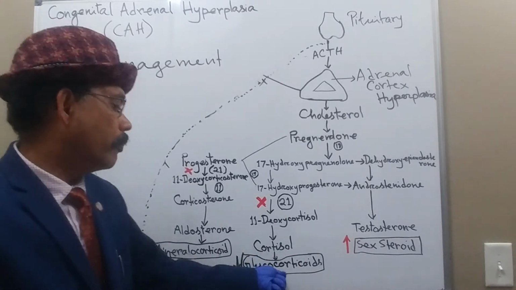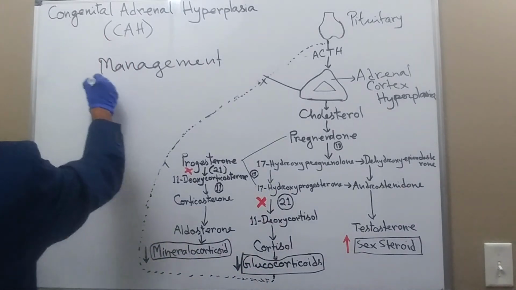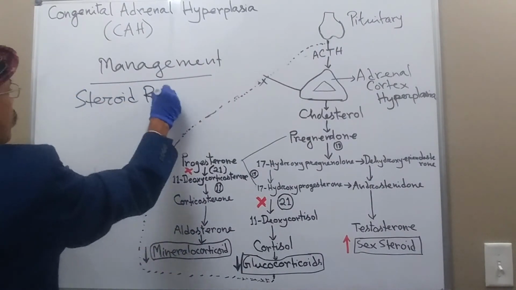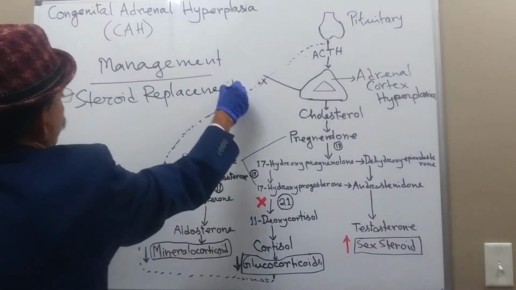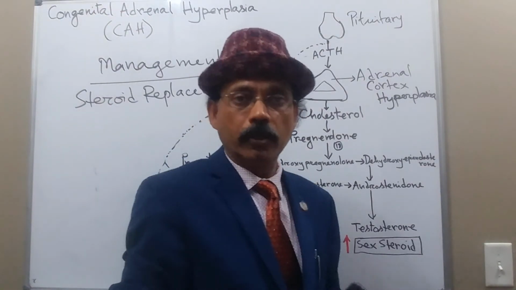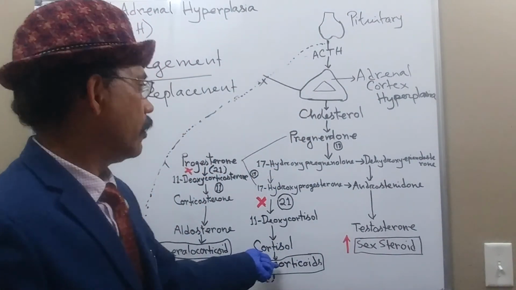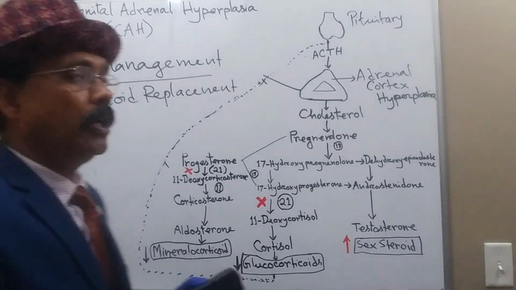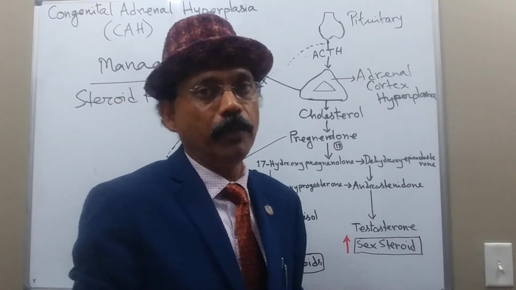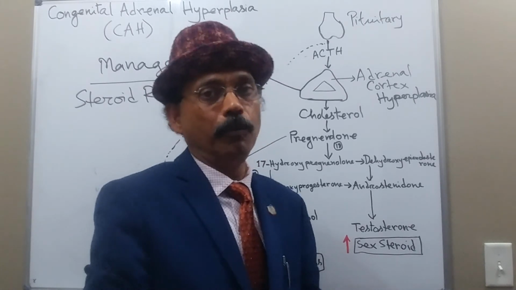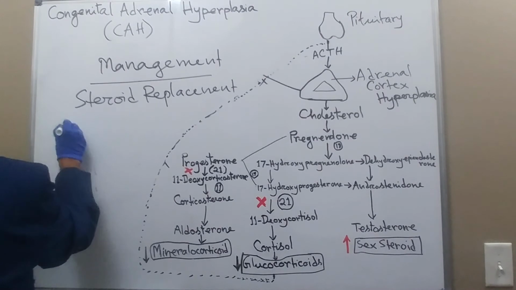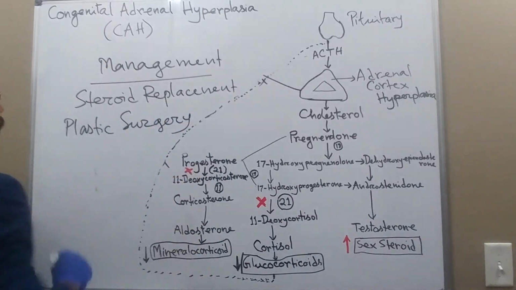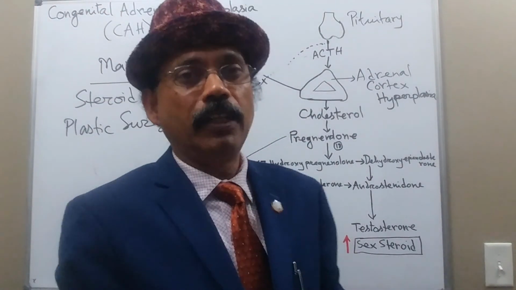If it is a problem of both glucocorticoid and mineralocorticoid, we will give steroid replacement therapy with cortisol and fludrocortisone. Plastic surgery for the female child should ideally be done around 1 year of age. Okay, so that's all about congenital adrenal hyperplasia.